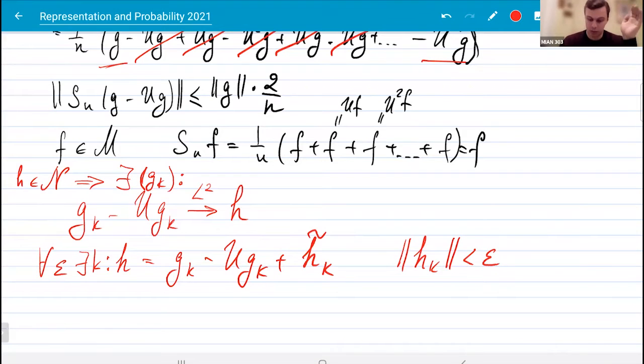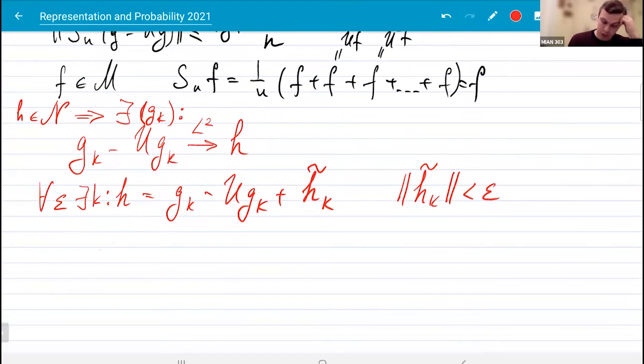So if g_k minus U g_k is close to h, then the difference has a small norm. And I take k sufficiently large so that the norm of this difference is less than epsilon.